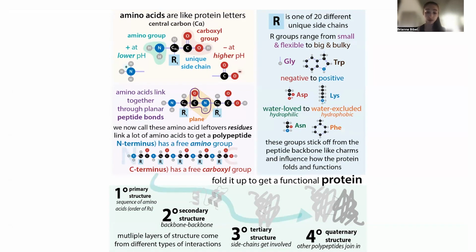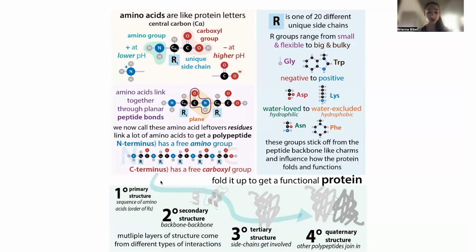So those individual protein letters, different proteins can have different orders of these letters as well as different combinations. Some proteins have a lot of letters and some don't have that many. So we can get big differences in protein sizes as well. So all of that is the primary structure.